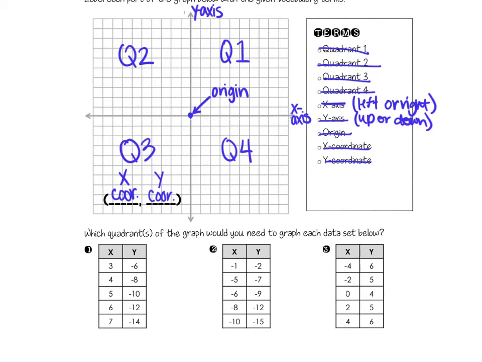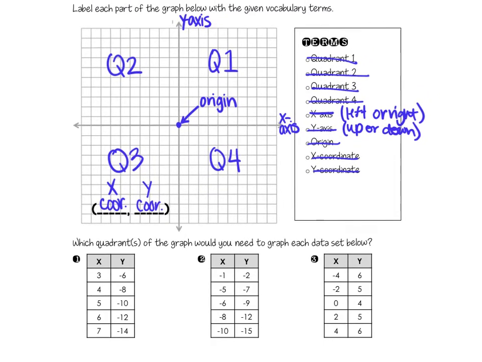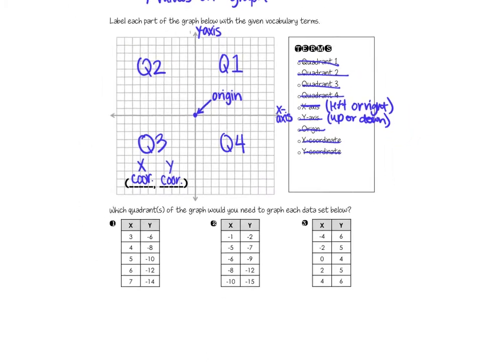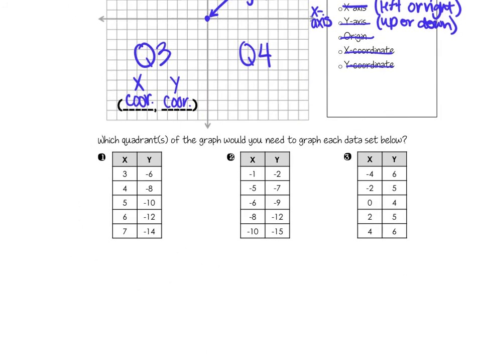So I'm going to do the first one here. So I have 3, -6. Remember, x tells you, I'll write this over here for you guys. For x value, if it's positive, do we go right or left? Right. Positive goes right, negative goes left.